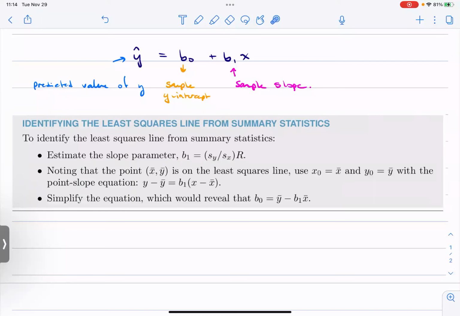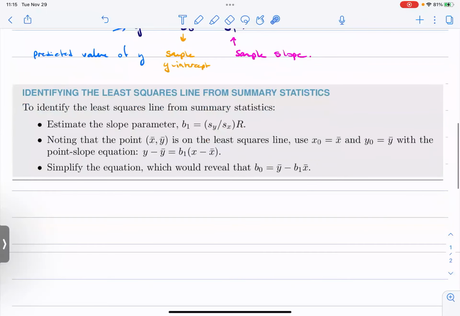To estimate the slope parameter, B1, we're going to use the standard deviation of y divided by the standard deviation of x times the correlation. Here, it's really important that you don't muck up your x's and your y's. 1/2 is way different from 2/1, so you're going to have very different results if you switch them accidentally.